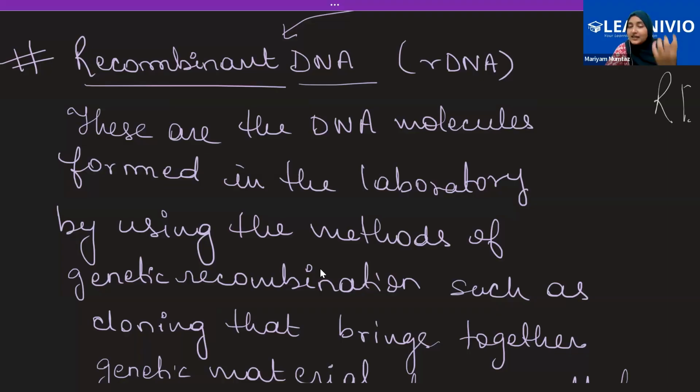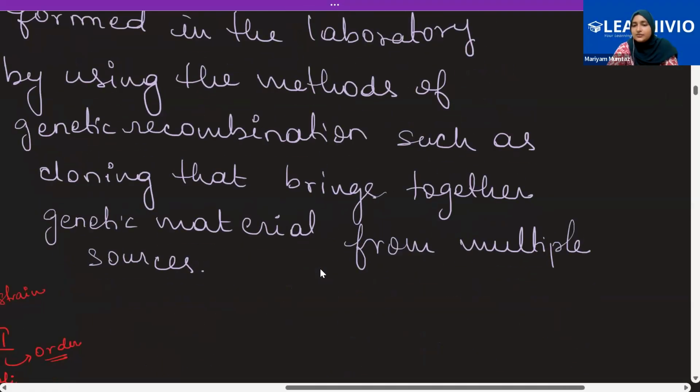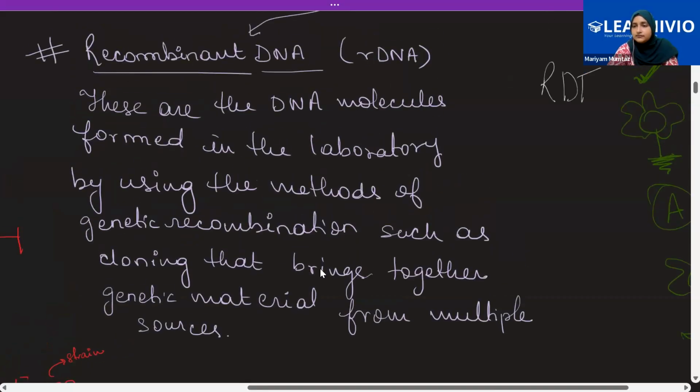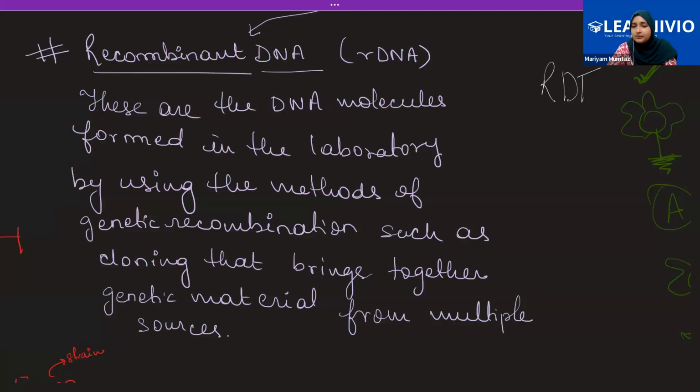So what you've made is a recombinant DNA, and this whole chapter is based on recombinant DNA technology. This much is clear, students? Any doubts? So this was the introductory part to the chapter.